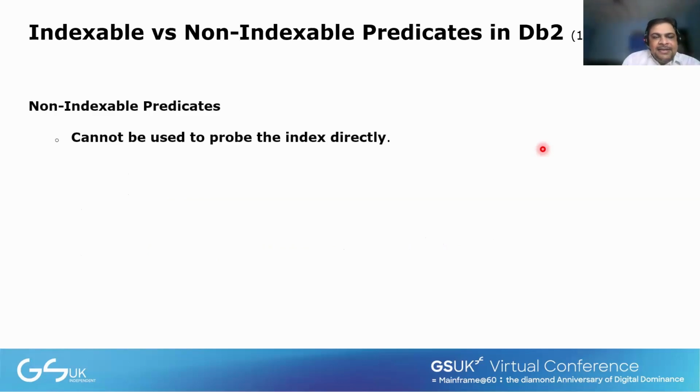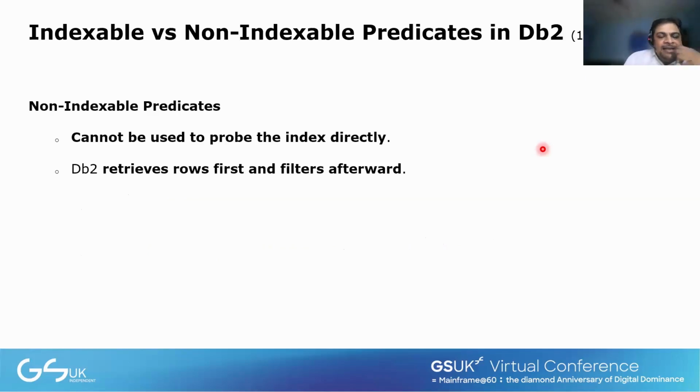Non-indexable predicates, I already mentioned. These are the reverse of indexable predicates. You cannot probe into the index directly by using those. What it does is basically first the rows are retrieved, and then the filtering happens, which is not good.